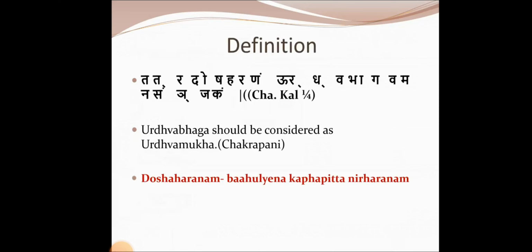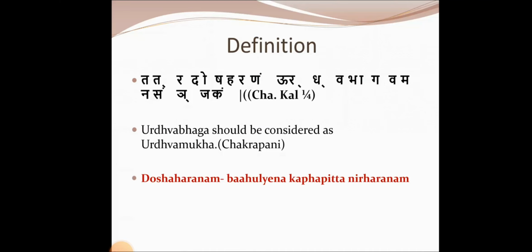Coming to the definition: Tatra dosha haranam urdhva bhagam vamana samjnakam. In Charaka Kalpasthana, this definition of Vamana and Virejana is mentioned. In that context, the term Virejana can be adopted for both Vamana and Virejana.